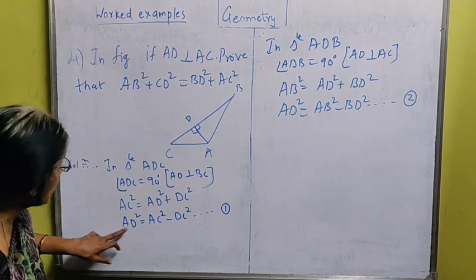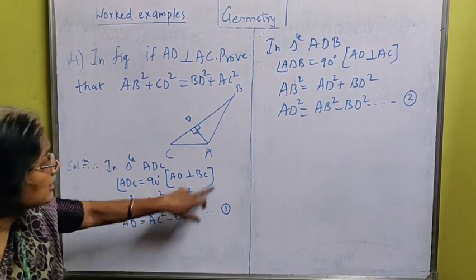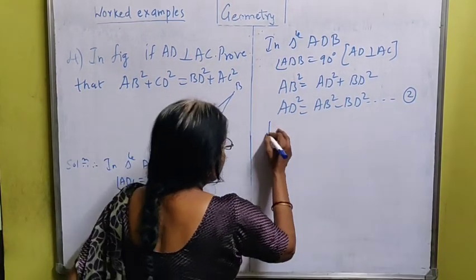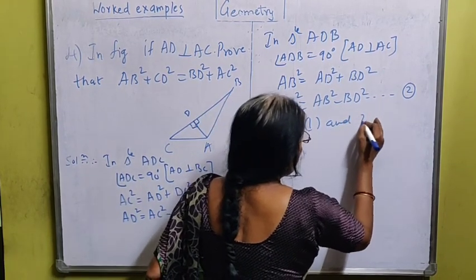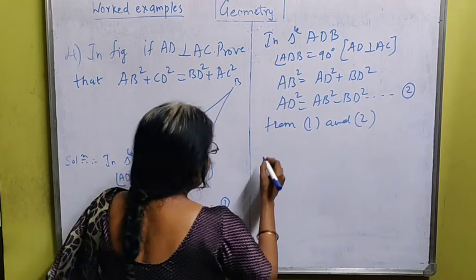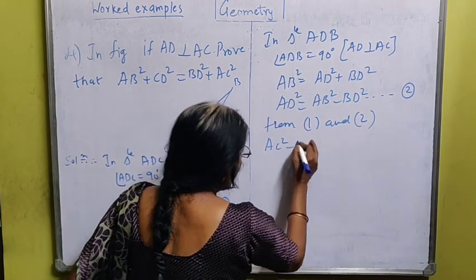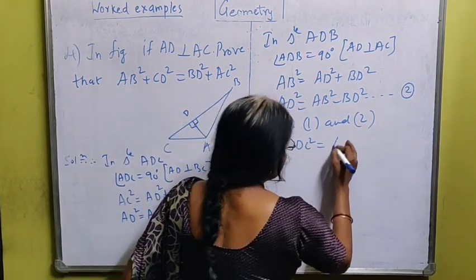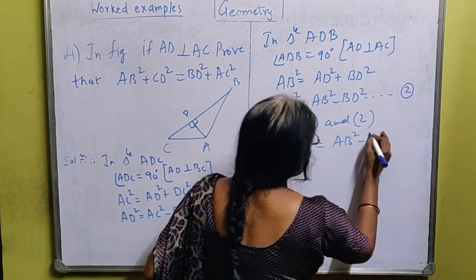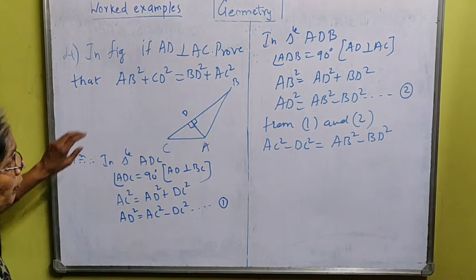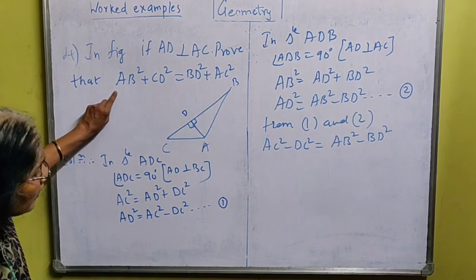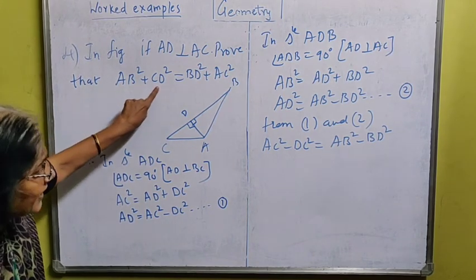Compare. AD square is equal to AC square minus DC square, and AD square is equal to AB square minus BD square. So from 1 and 2 you can show that AC square minus DC square is equal to AB square minus BD square. What do you want to prove? AB square plus CD square.